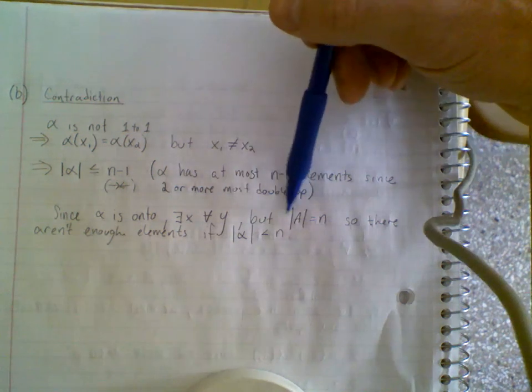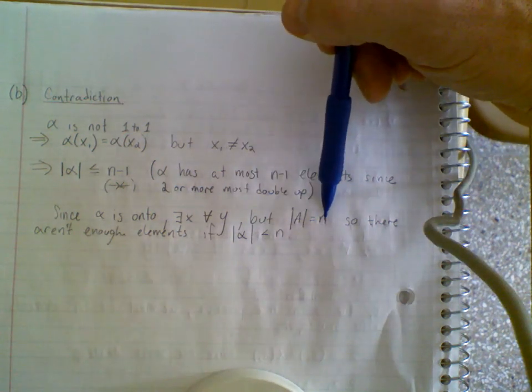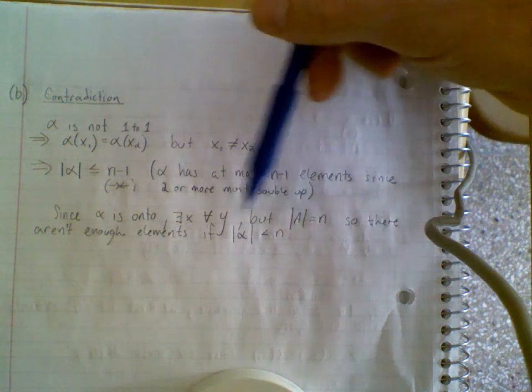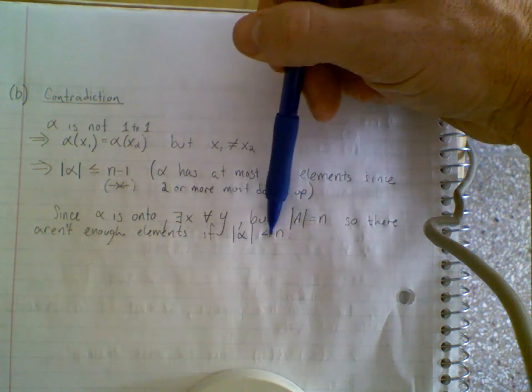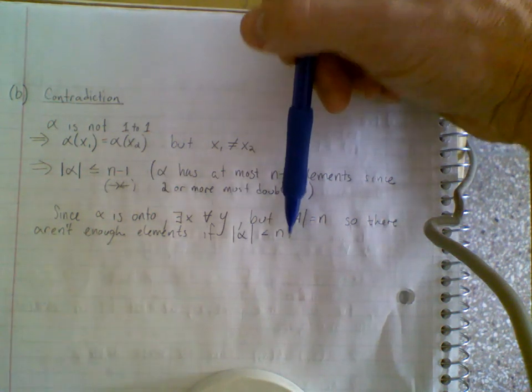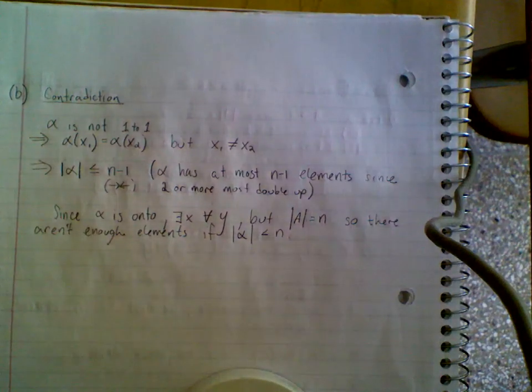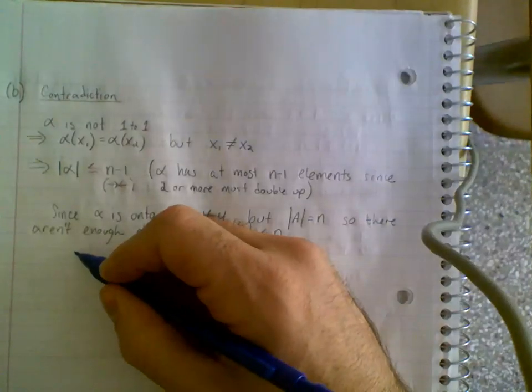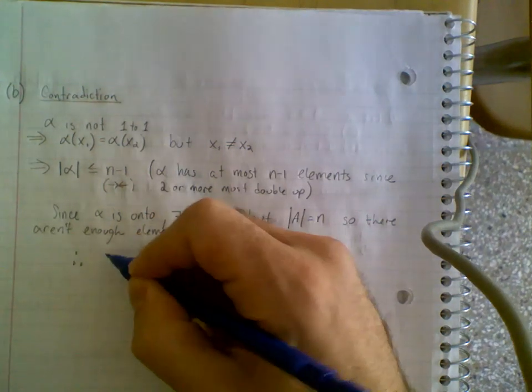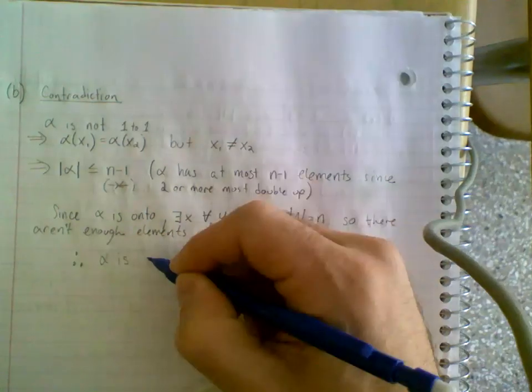Since the size of A is n elements, there aren't enough elements if the size of the image of alpha is less than n. So that's where we ran into that contradiction. So therefore, alpha is 1 to 1.